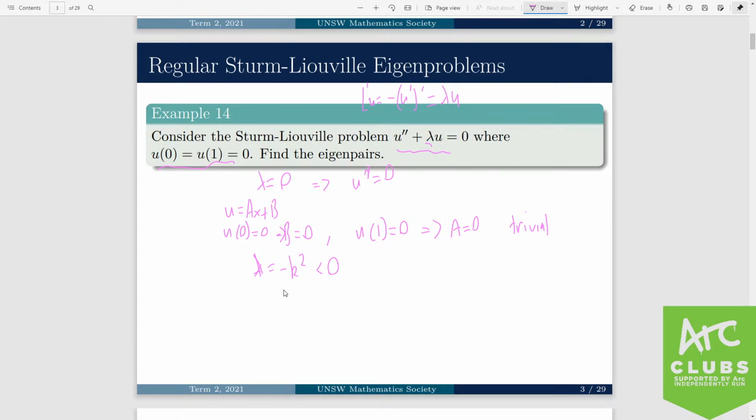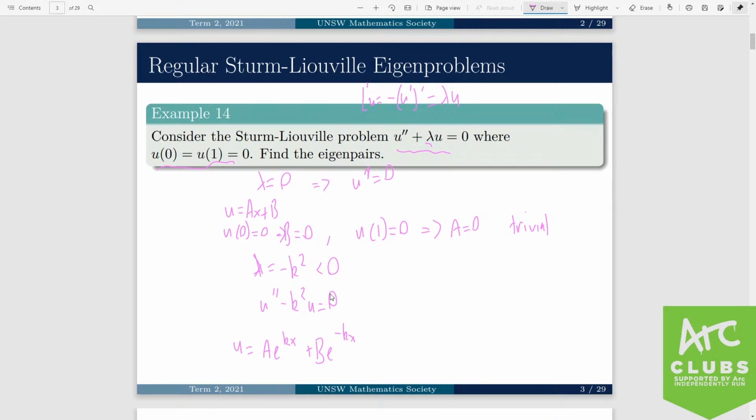And the k squared is nice because this then becomes u double dash minus k squared u equals 0. Then our general solution becomes a e to the kx plus b e to the minus kx, since if you get the characteristic equation, we get k and minus k.